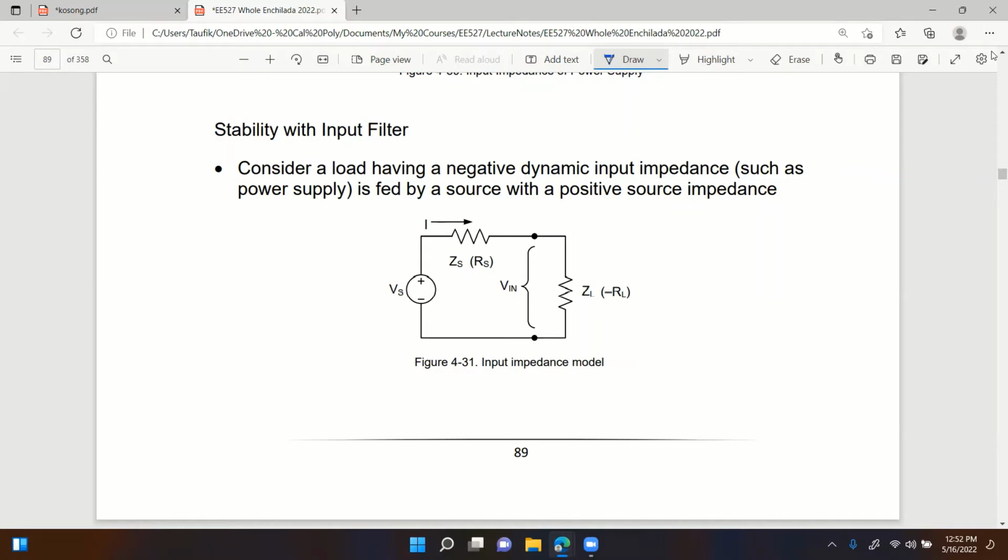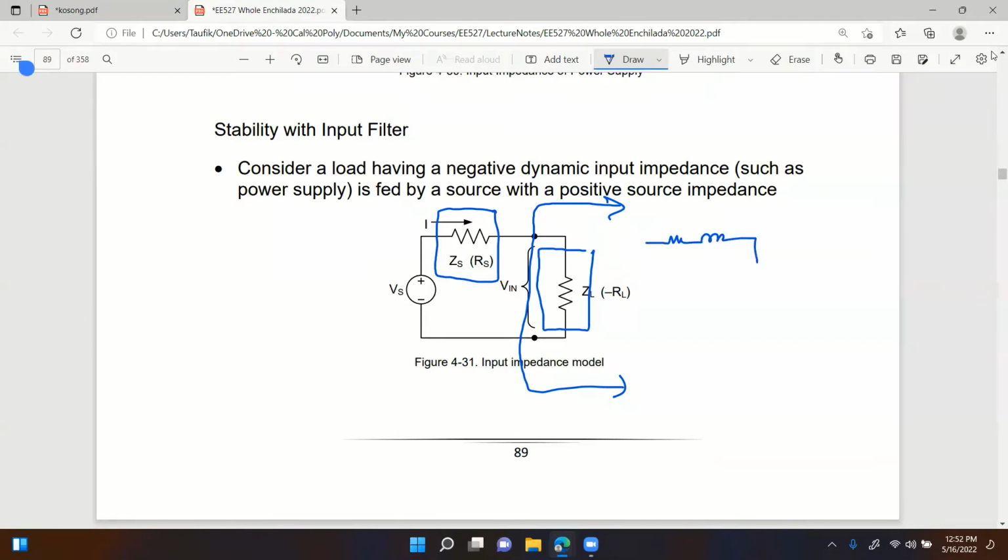So let's say this is the source impedance of the power supply, and here's the load impedance of the power supply. Keep in mind that from here to here may include the output filter, the one that we just did earlier. Remember this model, right?